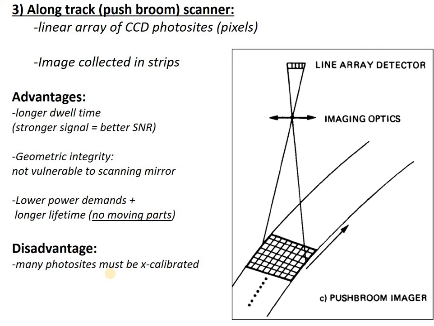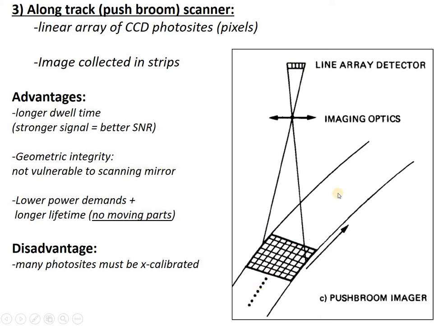The third category is an along-track or Pushbroom scanner. The analogy here is a Pushbroom, like the big wide one you would use to clean out your garage, where you push it ahead of you instead of whisking it back and forth. Essentially this is a linear array of CCD photosites, more of a detector chip like we talked about in the previous video, with a bunch of photosites right next to each other on a single chip.